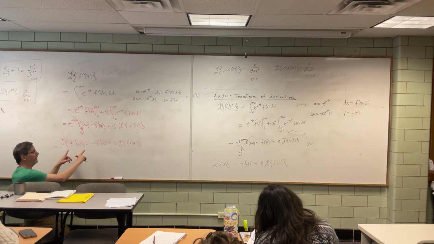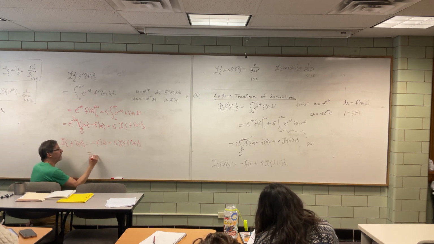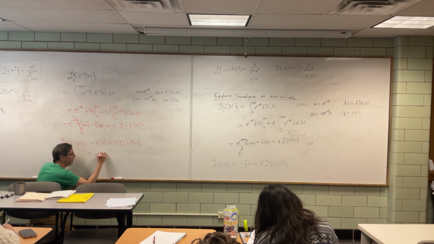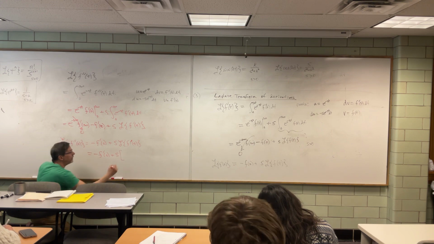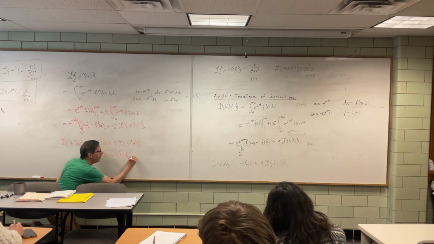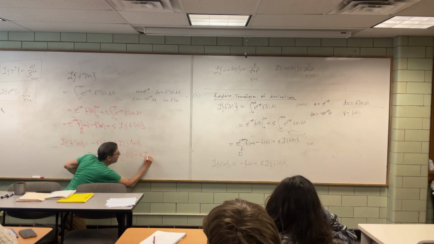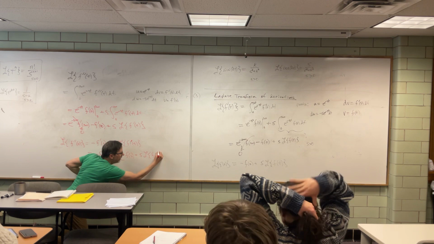This is cool because this should be a prime here. You can't see it. Let's undo it completely. So that's negative f prime at 0 plus s times, and what was this? Well, it was negative f at 0 plus s times the Laplace transform of f itself.